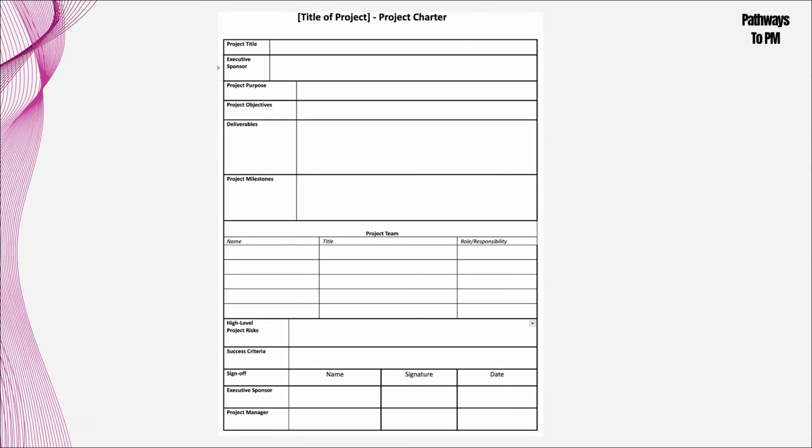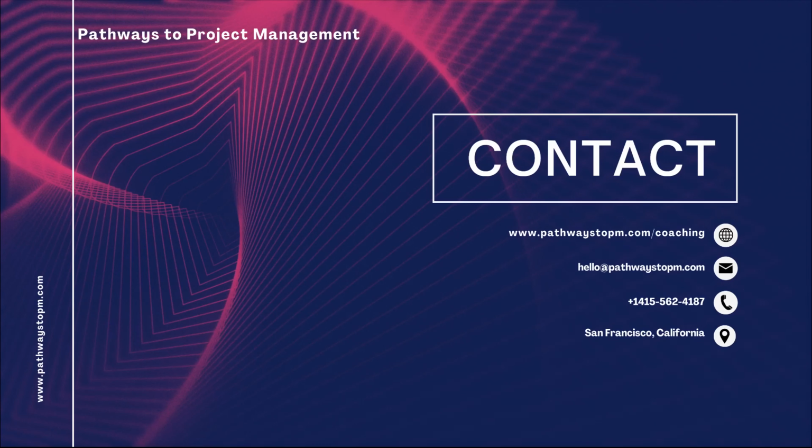It's a pretty simple document, but very, very important. And you can gather all the information you might need from the project sponsor, and sometimes other stakeholders who are also involved in the project. So that's really it for the project charter.